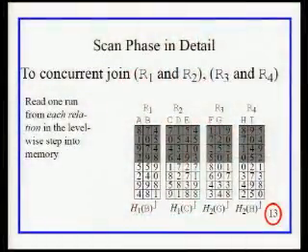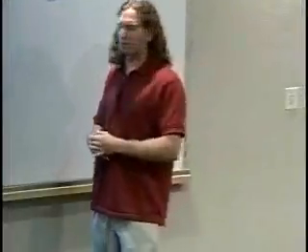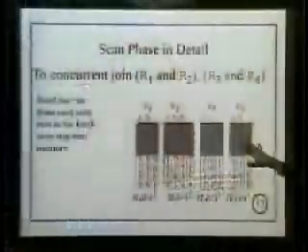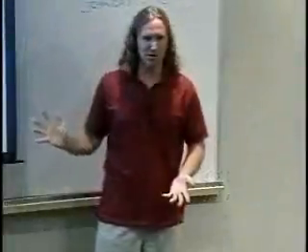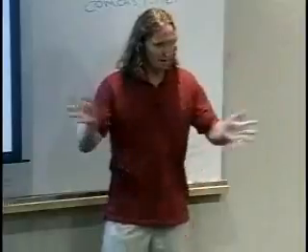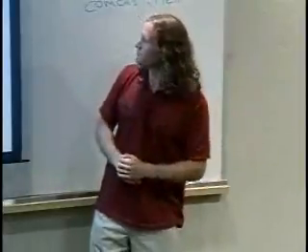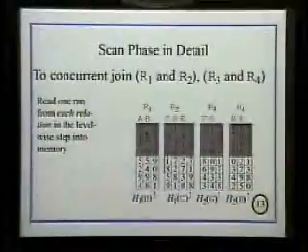So what happens in this scan phase? You start out by reading one run from each relation of the level-wise step into memory. Our assumption here is that you can hold 1/2 of each input relation. Of course, this would be a stupid thing, because you probably wouldn't use this query plan if you had that much memory, but for simplicity, we'll assume you're holding 1/2 of each input relation in memory.